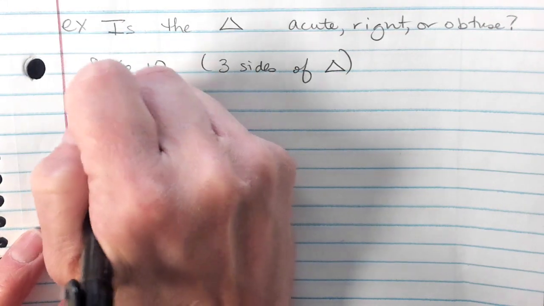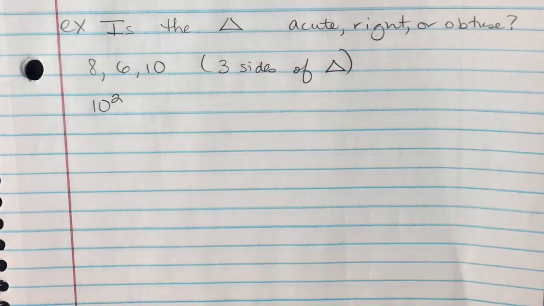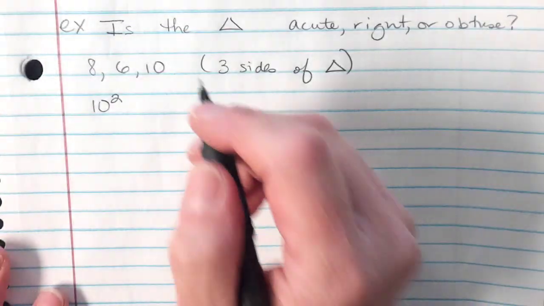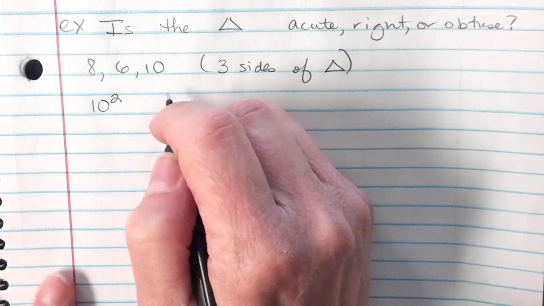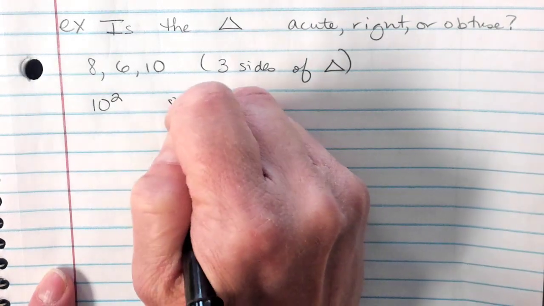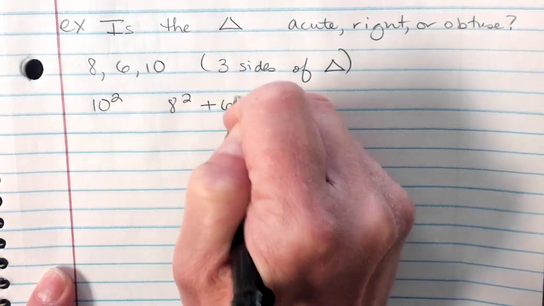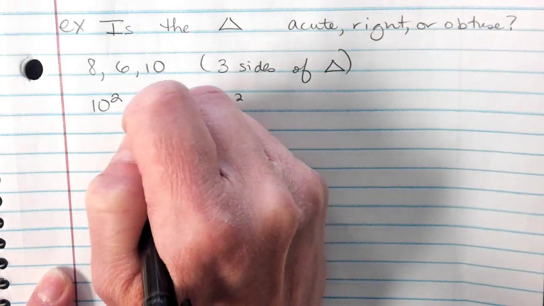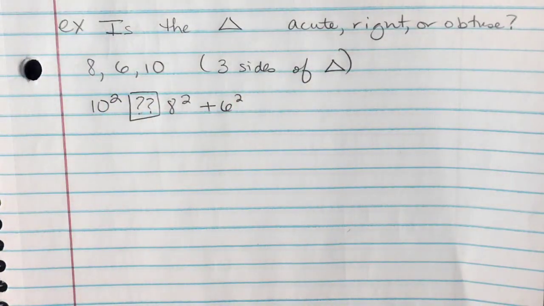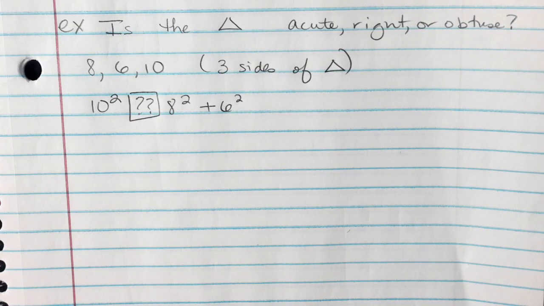So we're going to take the 10 squared and put it on its own. And then we're going to take the other 2 sides and square them and add them together, and put a question mark in between the 10 squared and the 8 squared and the 6 squared. We're going to compare the biggest square to the other two squared and combined, the sum of the other sides squared.